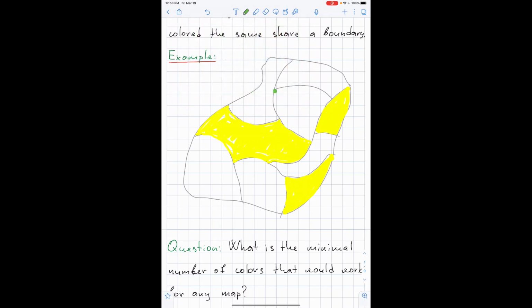Which one do I want to color? Well, let's color this one, for example. So this one in green. Now, which one can I? So I still can color, say, this one in green as well.